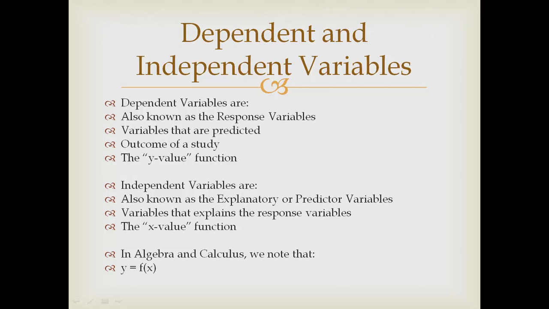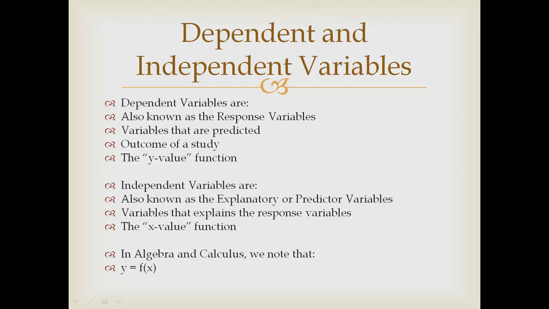Dependent variables are also known as the response variables. They are variables you can predict. They are the outcome of a study, and they are the y value of the function. The independent variables are also known as explanatory or predictor variables. They are variables that explain the response variables. They are the x value of the function. In algebra and calculus, we know that y is a function of x.